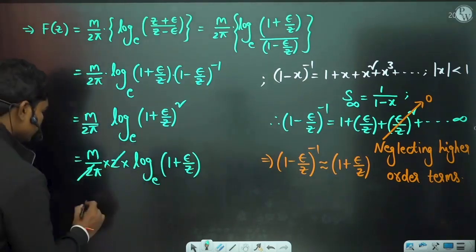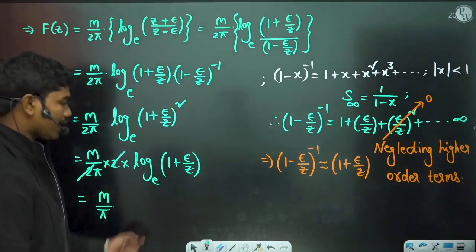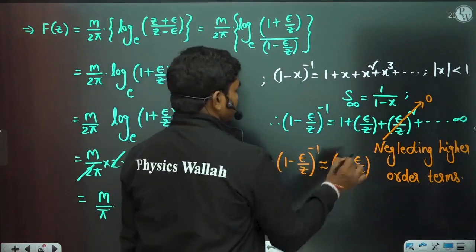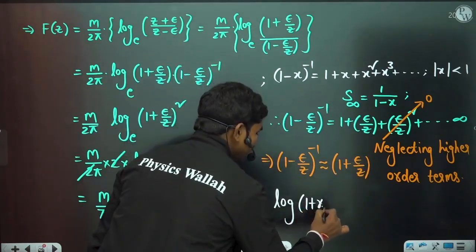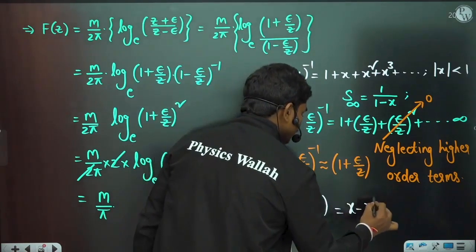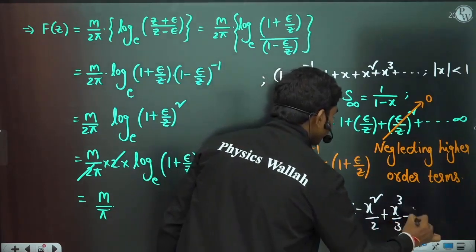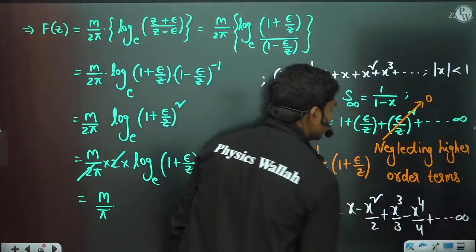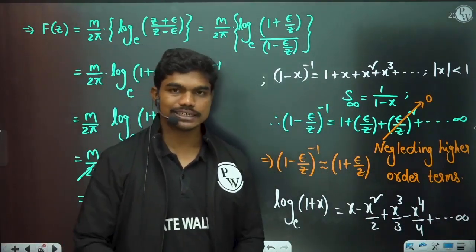So now this is equal to m by pi into log 1 plus epsilon by z. Normally, the expansion of log 1 plus x to the base e using Taylor series gives x minus x square by 2 plus x cube by 3 minus x power 4 by 4 plus and so on to infinity. This is how we get the expansion of log 1 plus x using Taylor series expansion.